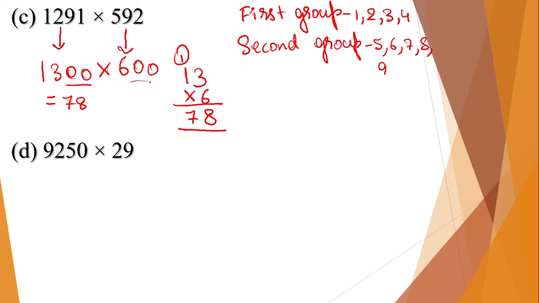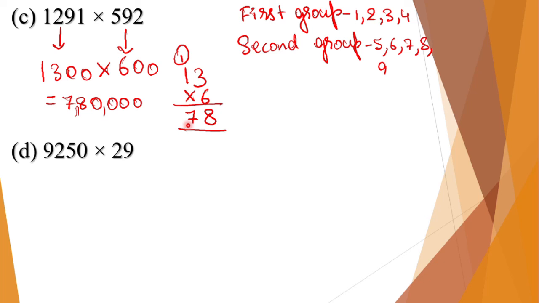And here we have ignored the zeros. Now we will add them. So we will add the 4 zeros. So we will get our answer as 7,80,000. Now this is our estimated product.